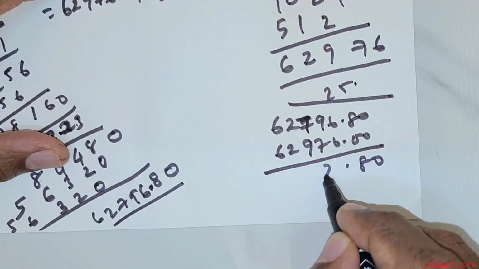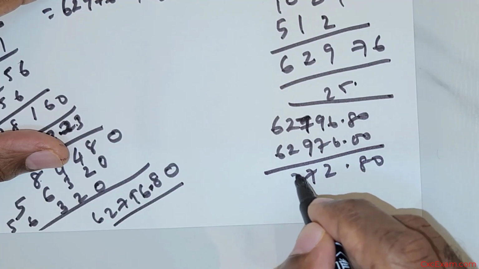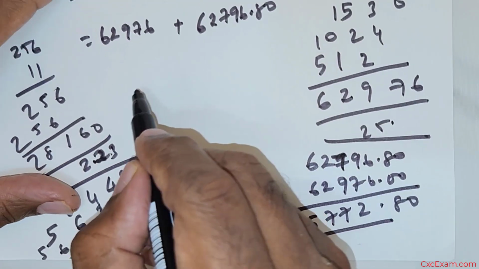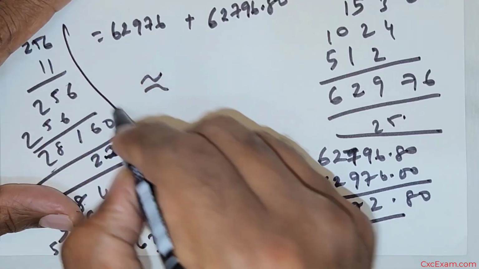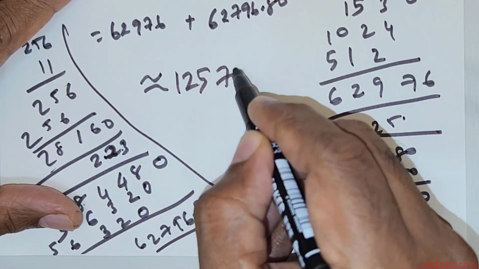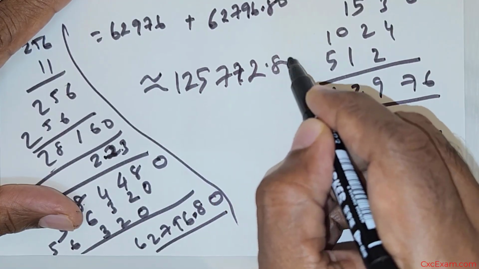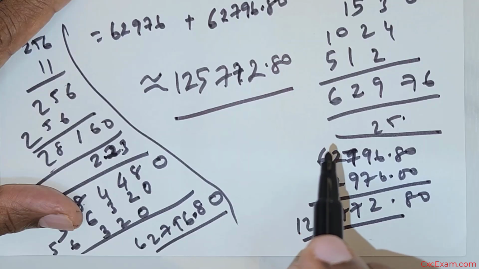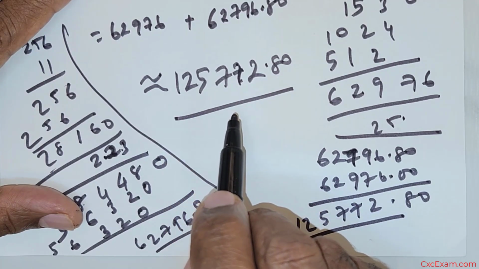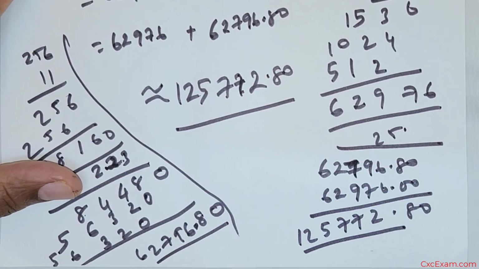You add them up. So approximately, with all these calculations, 125,772.80. Okay, so this is the value you're getting, 125,772.80.